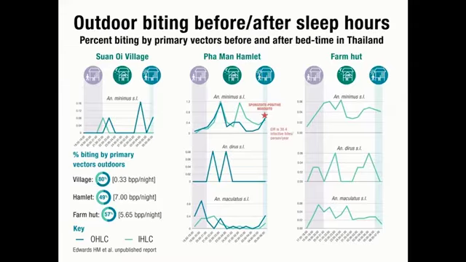So this is about where and when the outdoor transmission occurred along the Thai-Myanmar border. This is for Thailand, both in Sun Ai village, which was a kind of modern electrified village with good health services, and you often had the Karen coming and going across the border, which could also affect how effective the malaria program is in this area.